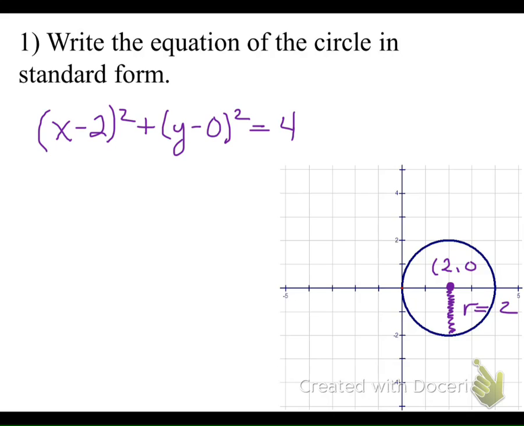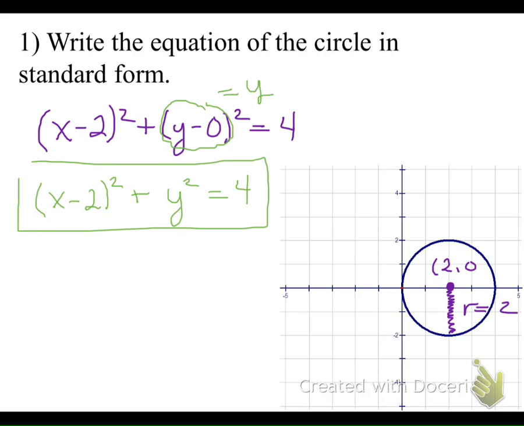We need to simplify this one step further, and our final answer should say x minus 2 quantity squared plus y squared equals 4, because remember that y minus 0 is a simple y. So we want to make sure we clean up our equations and simplify them as much as possible. Final answer: quantity x minus 2 squared plus y squared equals 4.